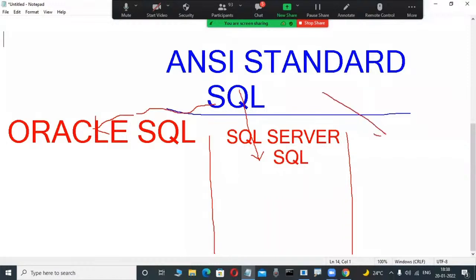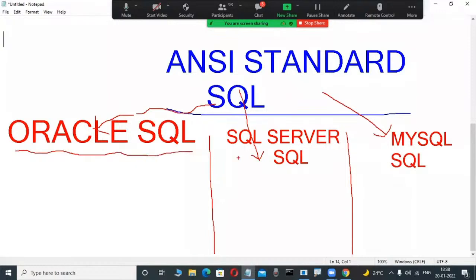Again, MySQL created their own SQL language from this ANSI standard, called MySQL SQL. That's why in our class we are learning Oracle SQL.